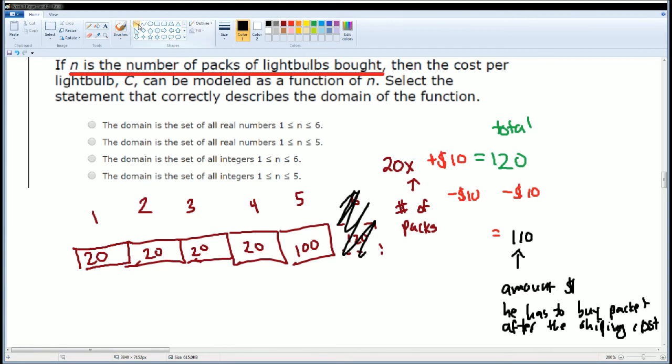So what you can cross out here is this one, because it says 1 through 6.